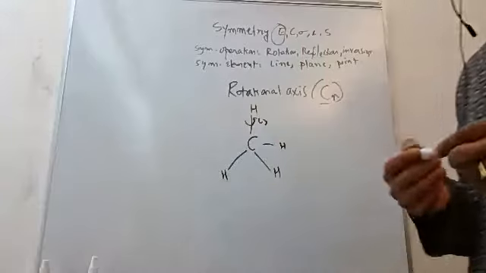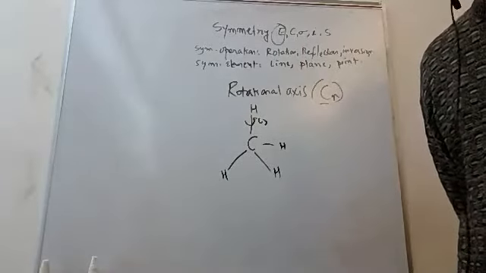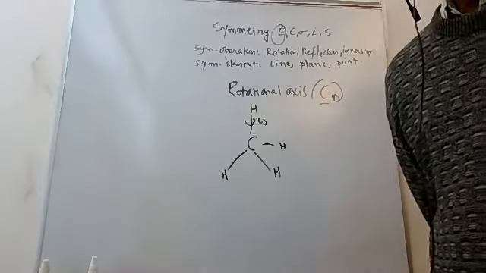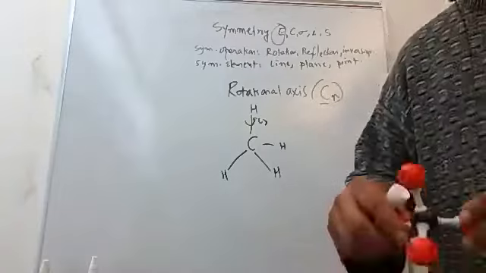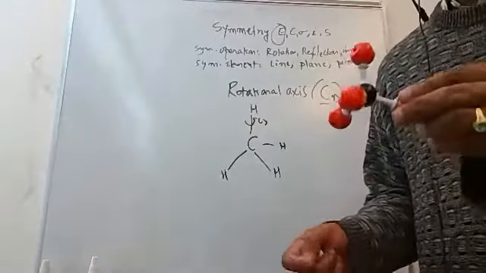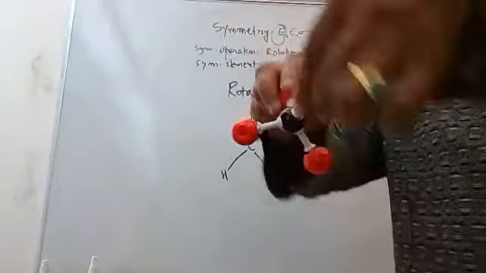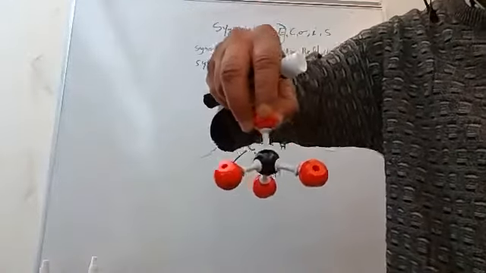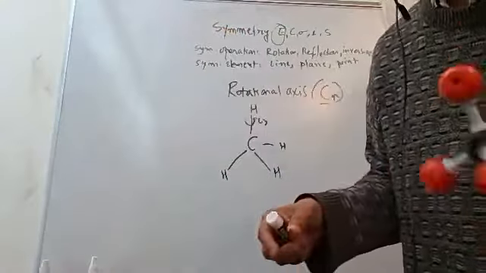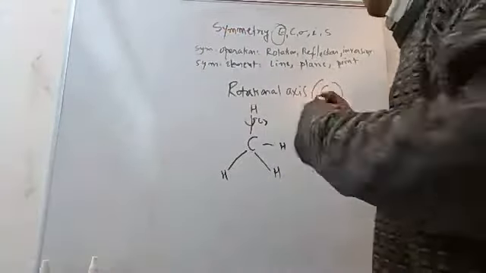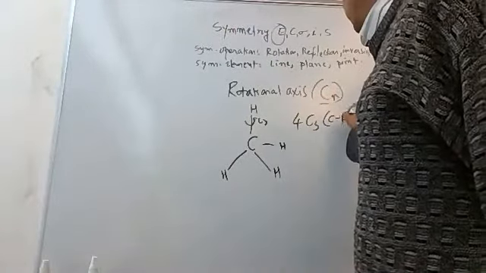How many C3s does this molecule have? 4. 4 of them, because each CH bond is a C3 axis. Whether you hold the molecule this way, that way, or turn it this way, you do have the same thing, 4 C3s, one for each CH bond.